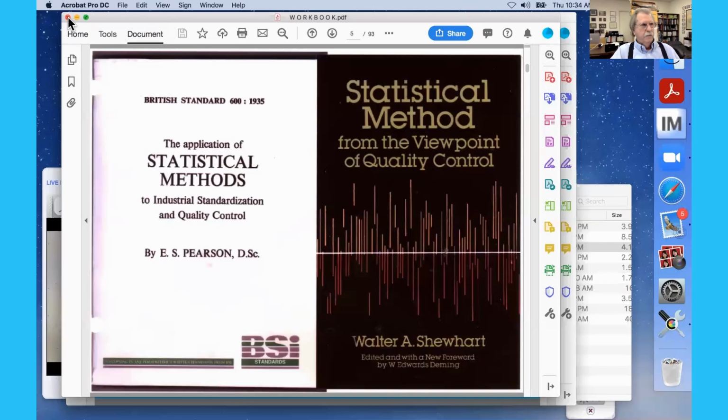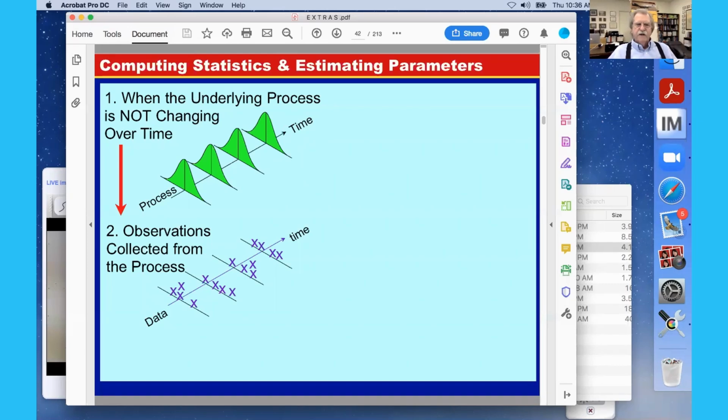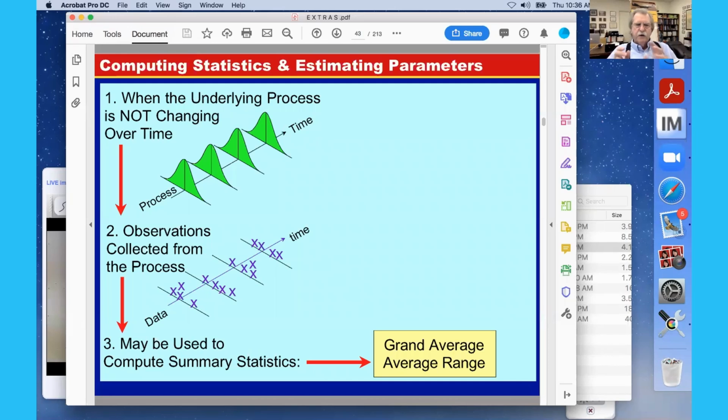Now let's go to page 22 in the workbook. So we've been talking about statistics and parameters. Now, here is the upshot of that. If you don't make this distinction, and if you're going in there like the statistics approach, you're not going to make this distinction. When the underlying process is not changing over time, we can collect observations from the process. We can use those observations to compute summary statistics, such as the grand average and the average range.